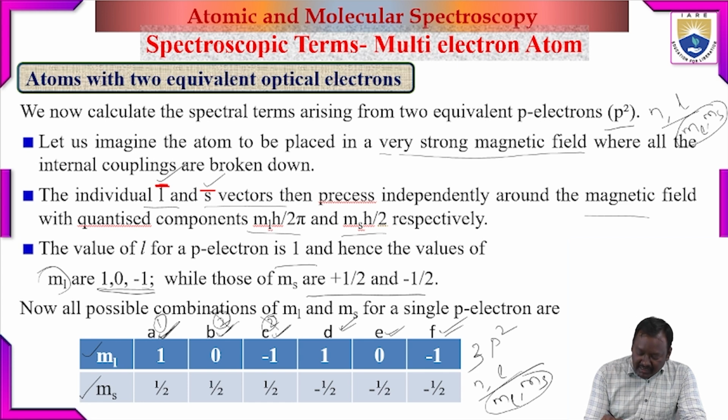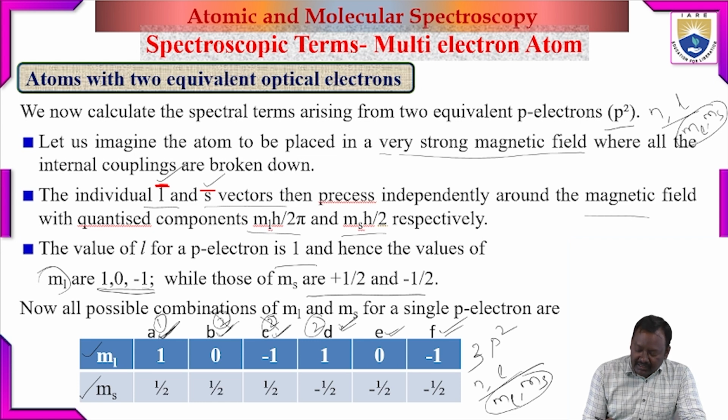Otherwise, the second electron may be in this condition, that means the Ml value of the second electron is 1 and the Ms value is minus 1 by 2. Then the combination of those two electrons, one in the A state and one in the D state, is AD.